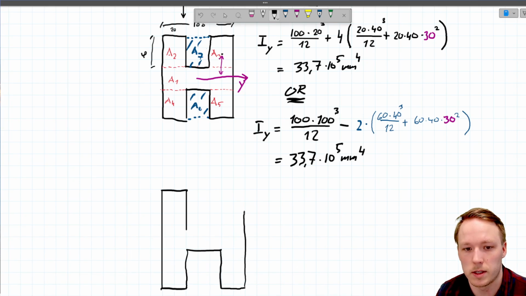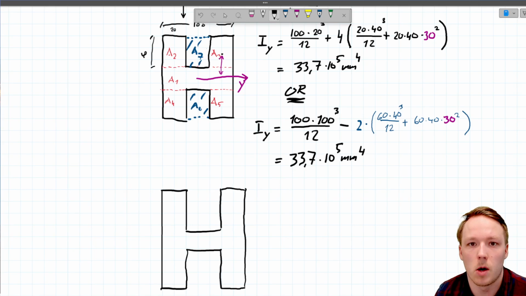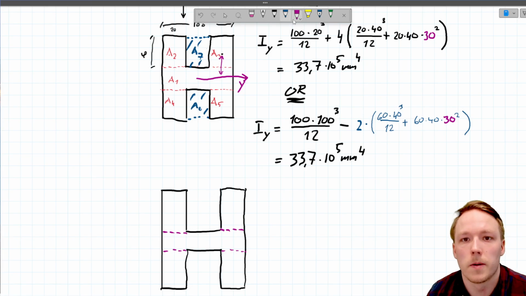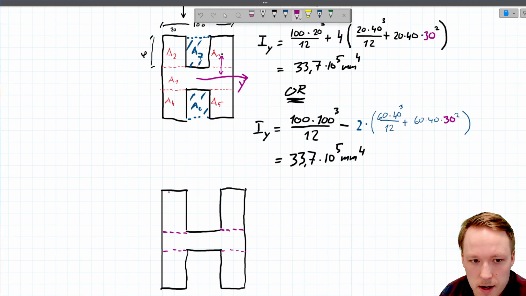So our profile is like this. And now what we want to do is that we want to calculate the shearing along these glue lines here. So let's calculate that this area, A2, shears off.